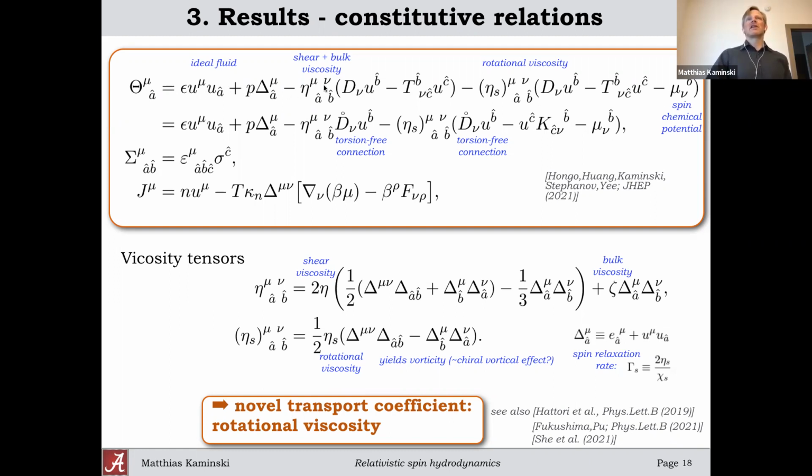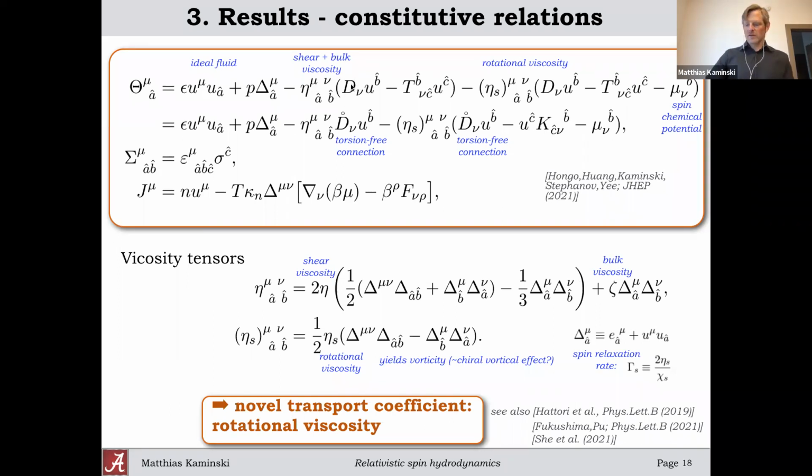Now here you have an interesting tensor structure. This is a shear viscosity tensor. It's defined down here. It turns out to be containing the shear viscosity that we know and the bulk viscosity that we know. And if you work out these tensor structures, this first term collapses to the standard shear term.